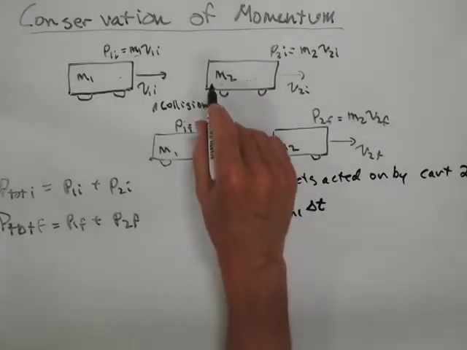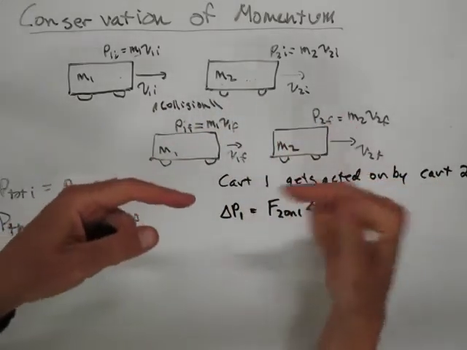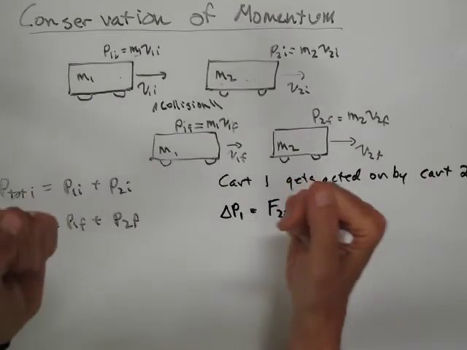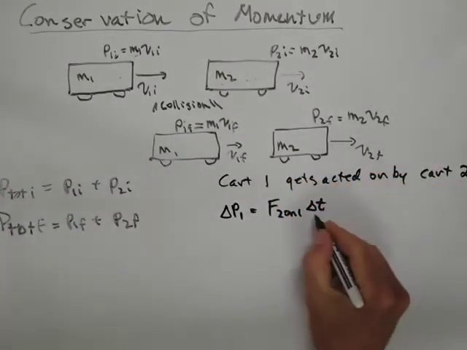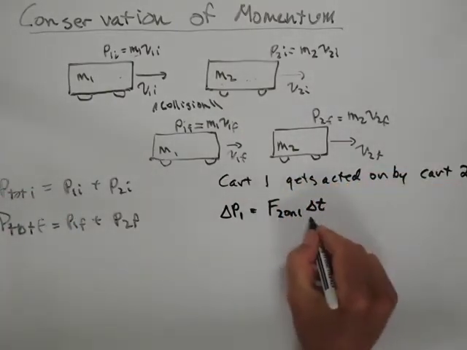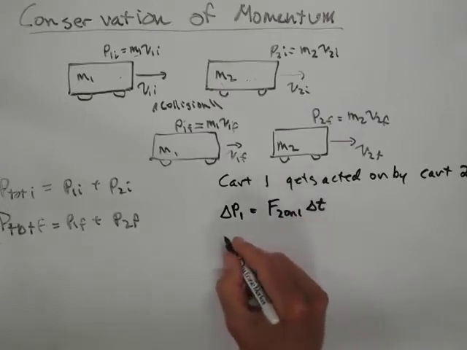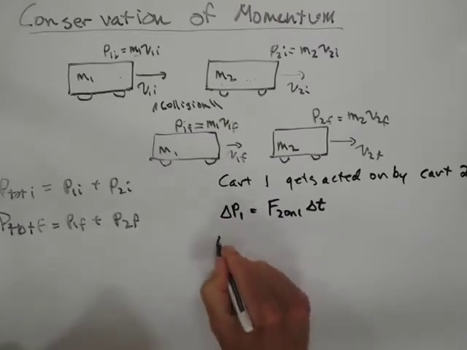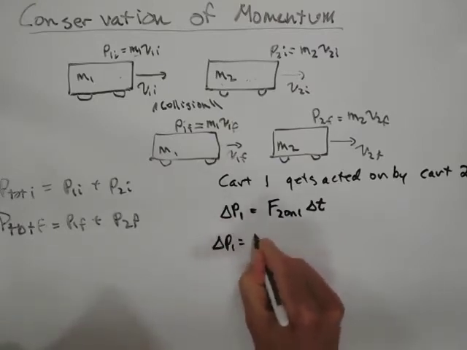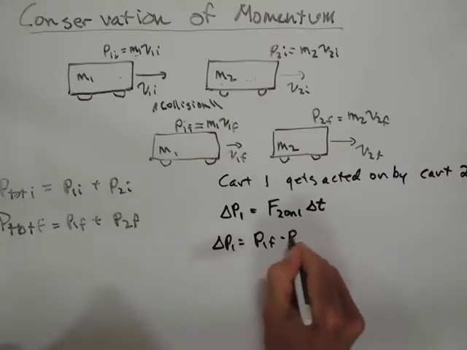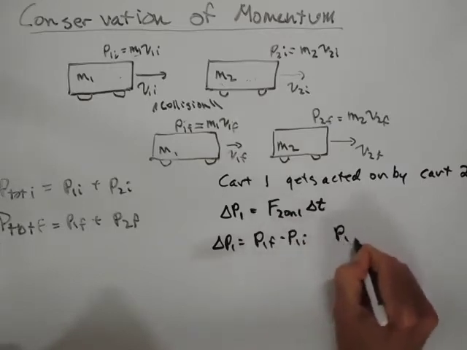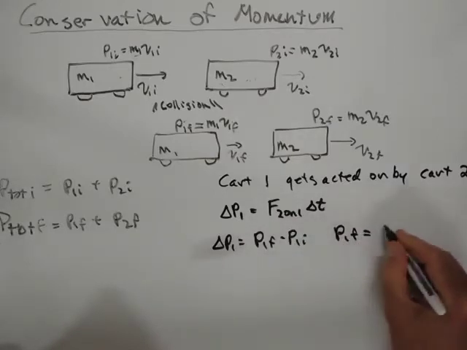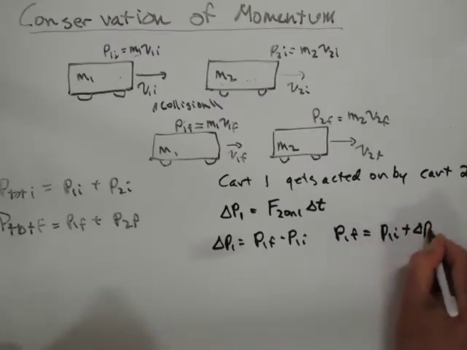That is the force due to cart 2 on cart 1. When they collide, cart 2 exerts a backward force on cart 1 times the collision time, right? This is the impulse equation. And so I can say delta P1 is equal to P1 final minus P1 initial, or P1 final is equal to P1 initial plus delta P1.